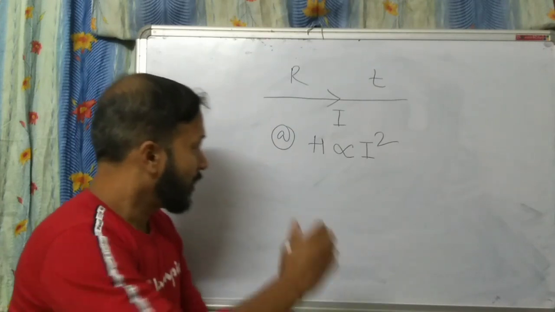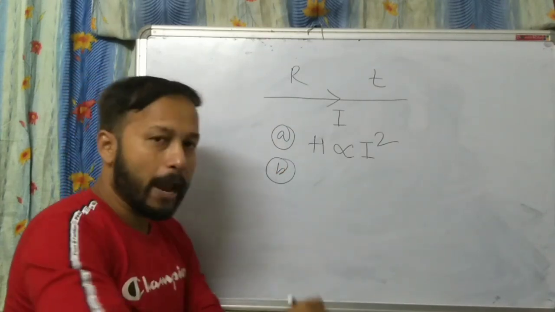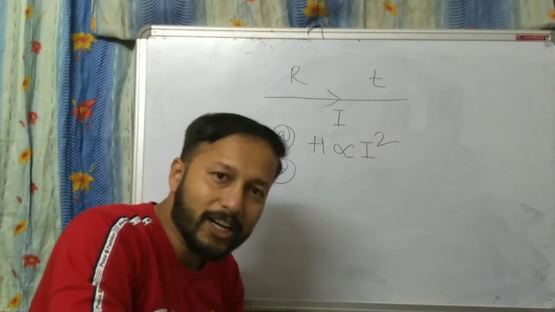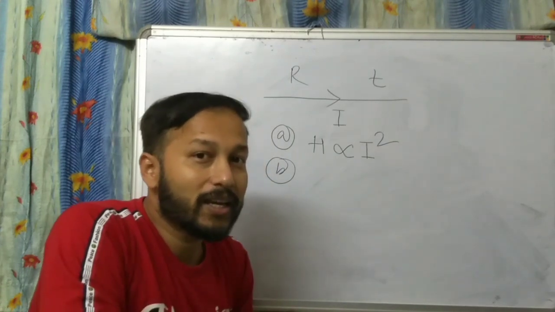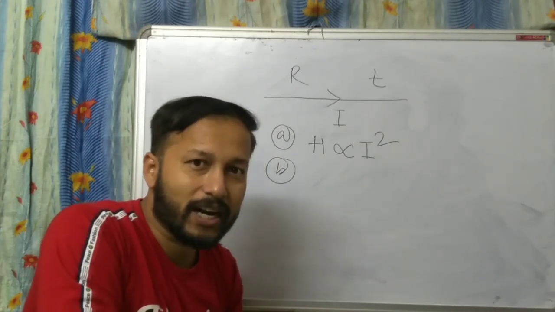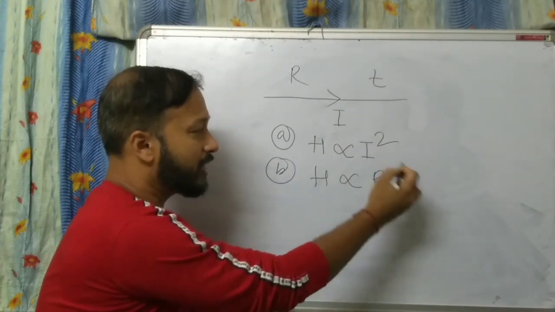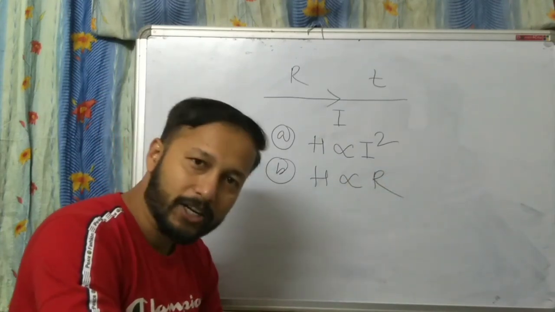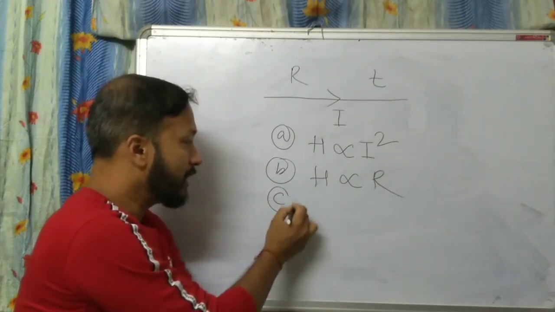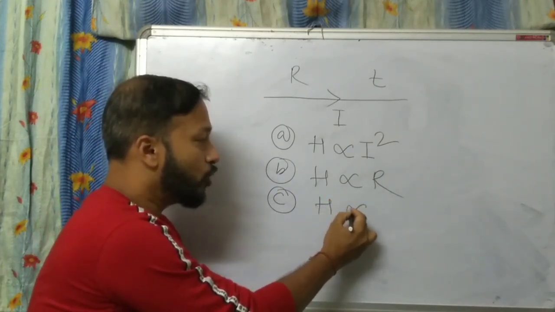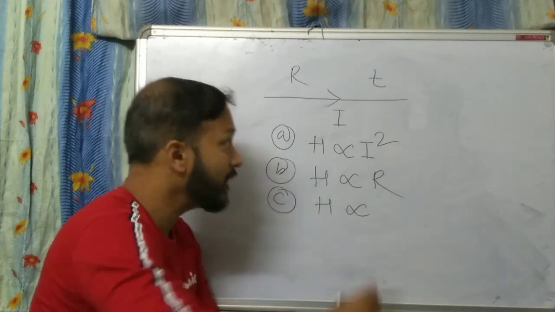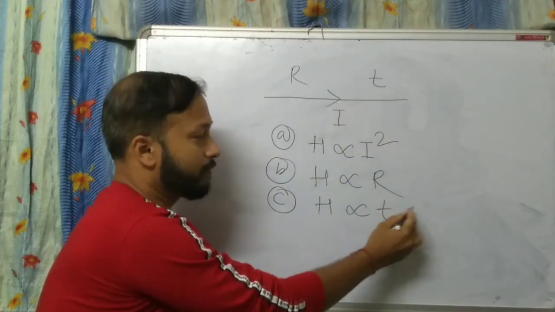Understood? Number B, the amount of heat is directly proportional to the resistance of that conductor. Number C, the amount of heat is also directly proportional to the time.